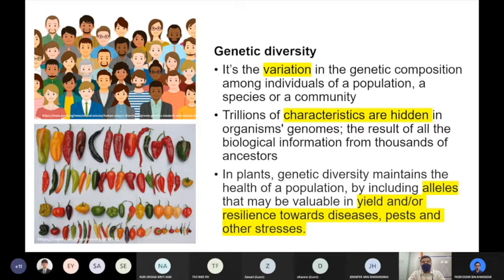In the context of agriculture in plants, genetic diversity is important because it helps to increase the survivability of plant species by allowing the possible emergence of new alleles that might have benefits to us. It could be, for example, an increase in yield or higher resilience towards diseases, pests, and other stresses.